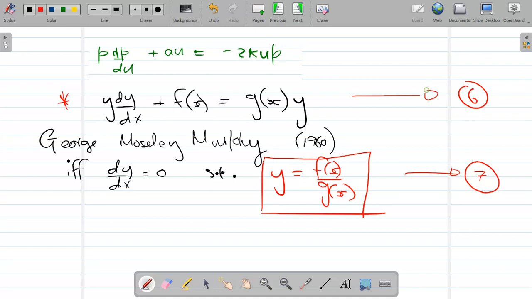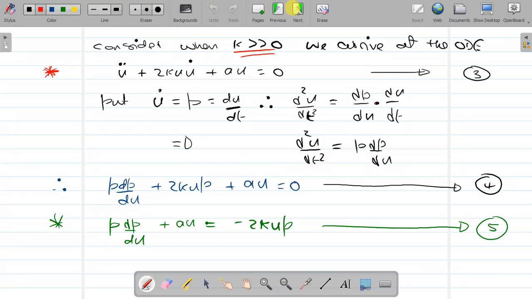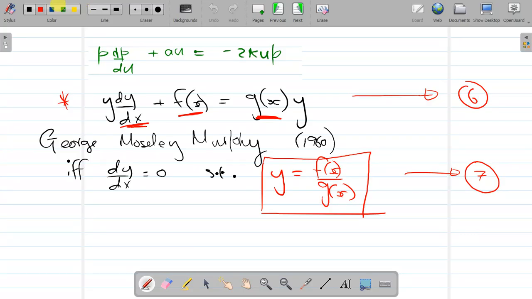So George Moseley Murphy is saying if dy by dx here is 0, then a viable solution is this function divided by this function, right? So we can therefore extend that to this solution, and we call that equation 5, didn't we? So I'll put a 5 there.